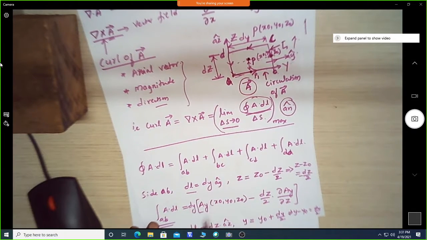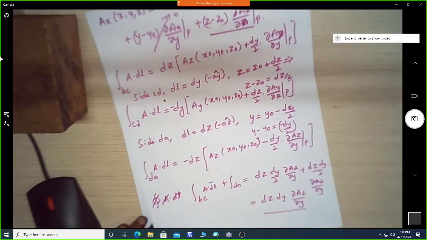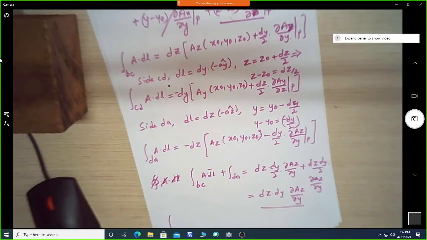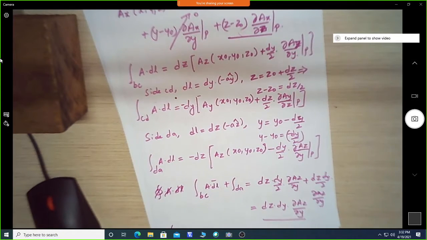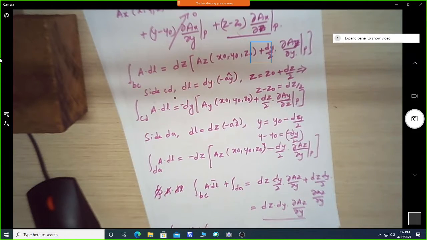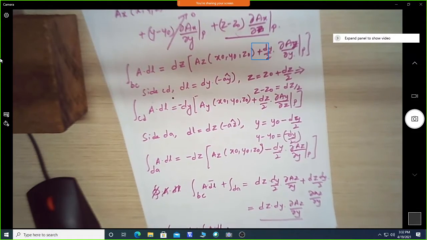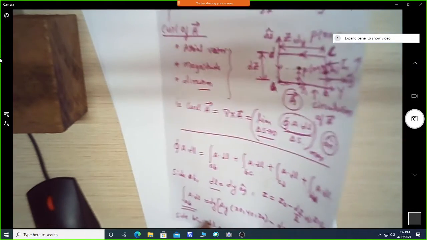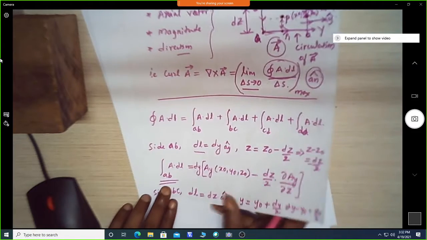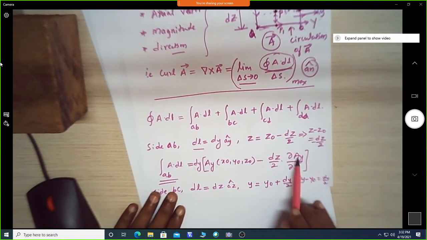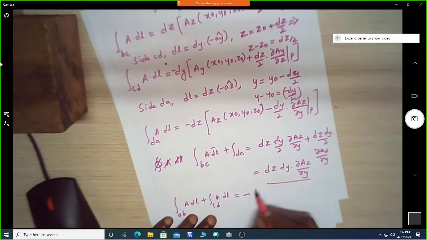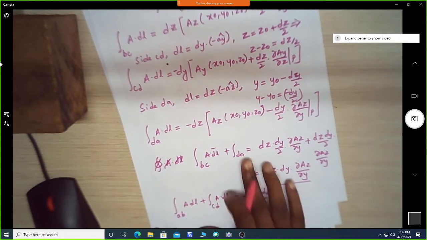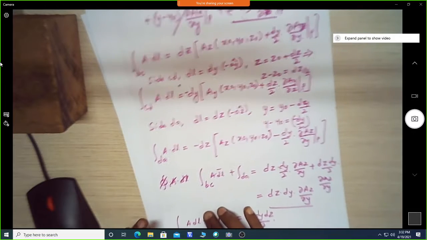So for the terms AB and CD, the integral of A dot dl plus the integral of CD A dot dl, the first one is dy into dz by 2 into del Ay by del z, and we get minus dy dz by 2 into del Ay by del z.